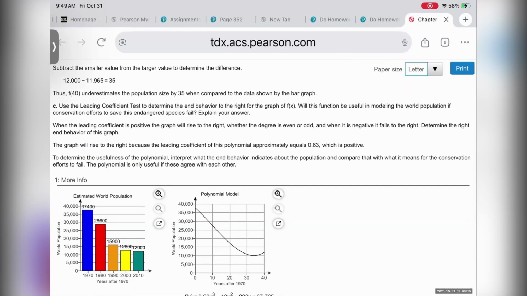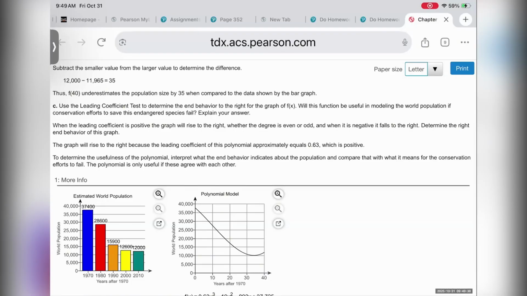What happens? When the leading coefficient is positive, the graph will rise to the right, whether the degree is even or odd. And the graph will rise to the right because the leading coefficient of the polynomial is positive.